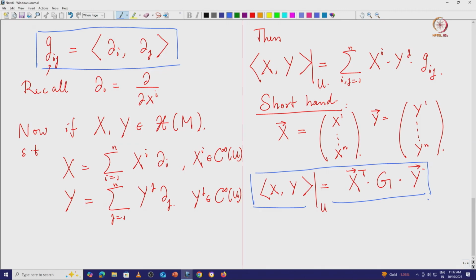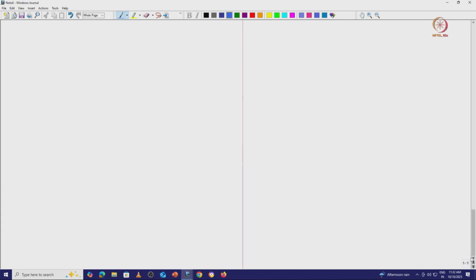All right. So now this G was with respect to the coordinates given by x^1 up to x^n. So now what happens if you change your coordinates, right? How does this matrix change?